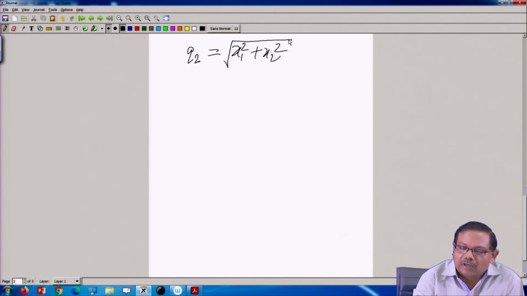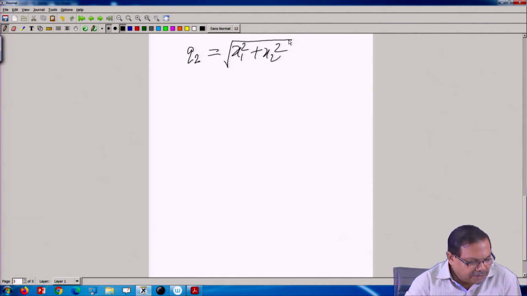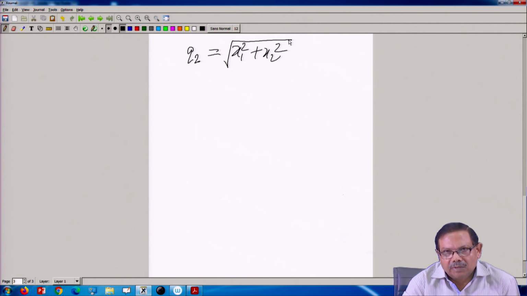So, I have a transformation between these two coordinates. This can be achieved for holonomic constraints as well as non-holonomic constraints, right.